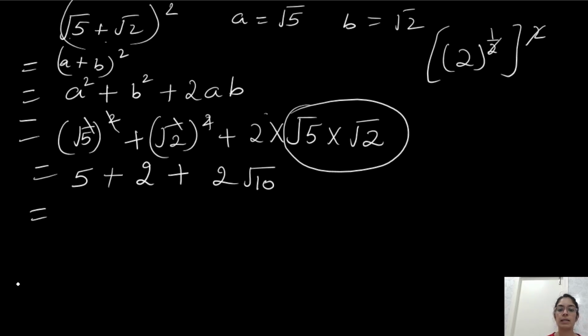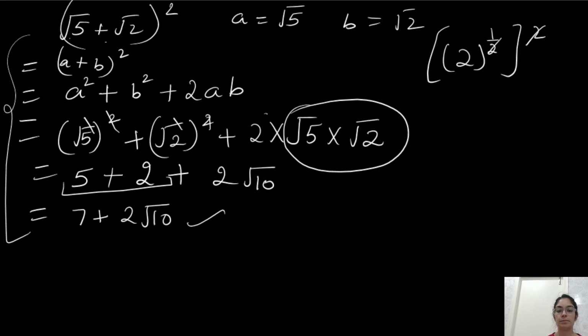Now like terms we can add. 5 and 2 are like terms because these are natural numbers, so we can add them. 5 plus 2 is 7, plus 2√10 as it is. Now these two are unlike terms, so we cannot add them. This is the final answer. With this we have completed this question. Here we have used one identity, and with the help of the identity this question became very easy.